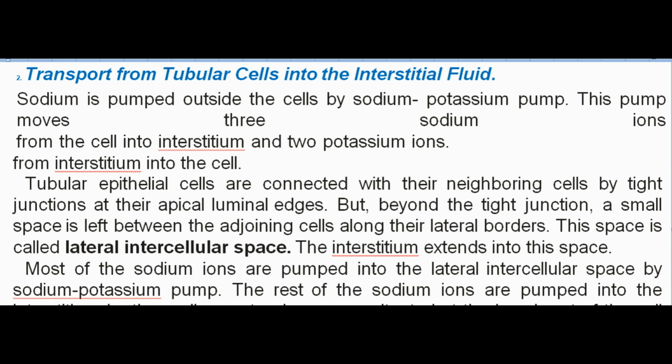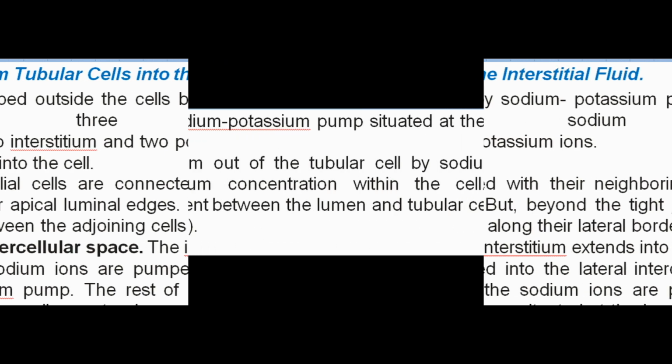But, beyond the tight junction, a small space is left between the adjoining cells along their lateral borders. This space is called lateral intercellular space. The interstitium extends into this space. Most of the sodium ions are pumped into the lateral intercellular space by the sodium-potassium pump. The rest of the sodium ions are pumped into the interstitium by the sodium-potassium pump situated at the basal part of the cell membrane.